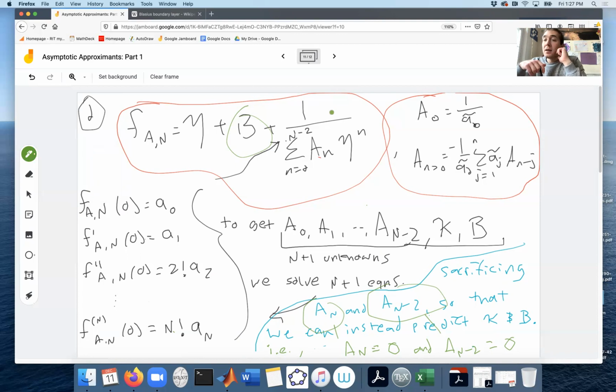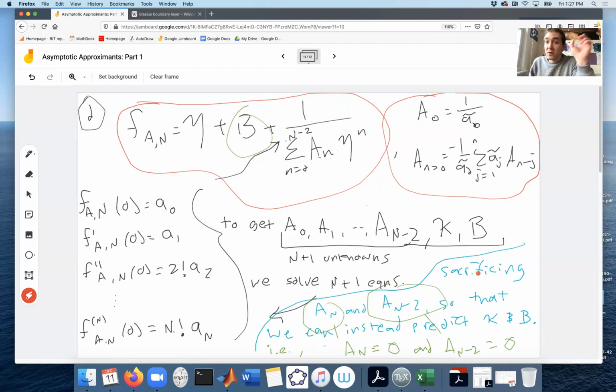The answer is because we have this recursion relation right here, which tells us what a sub capital N is equal to in terms of all the previous a sub capital N's and kappa and beta, and what a sub capital N minus 2 is equal to in terms of all the previous a's and kappa and beta.